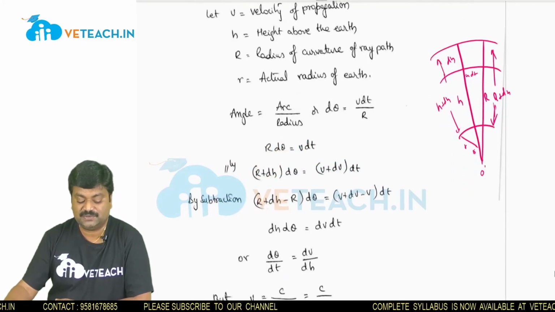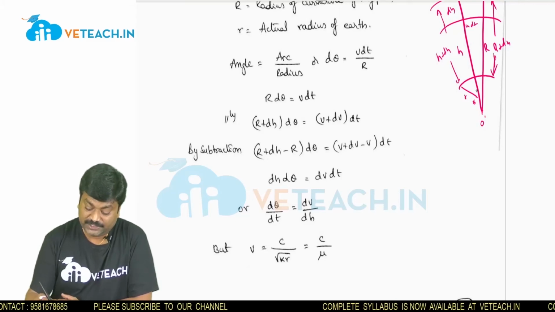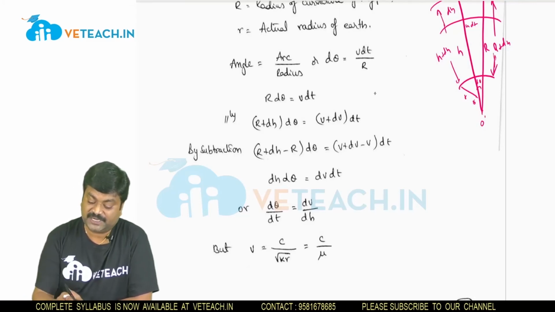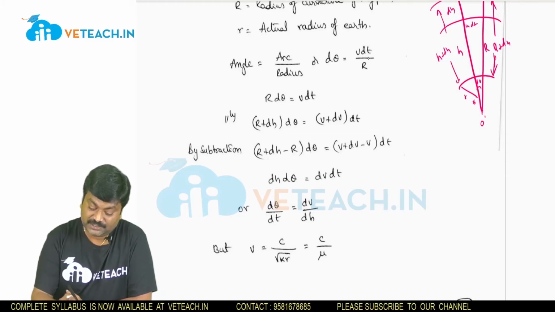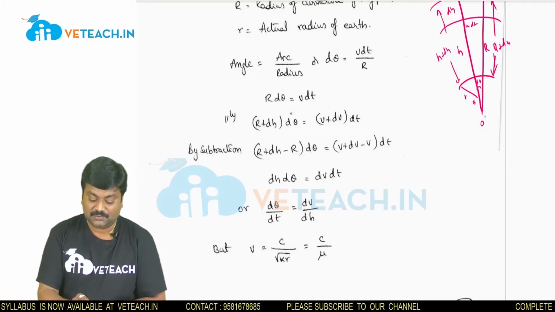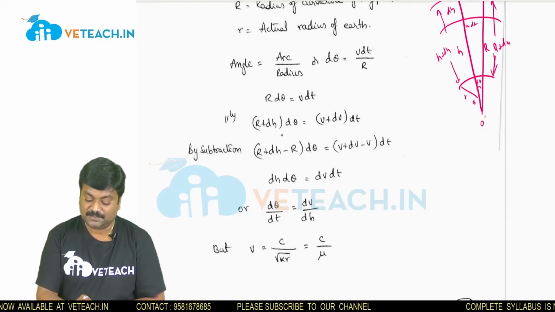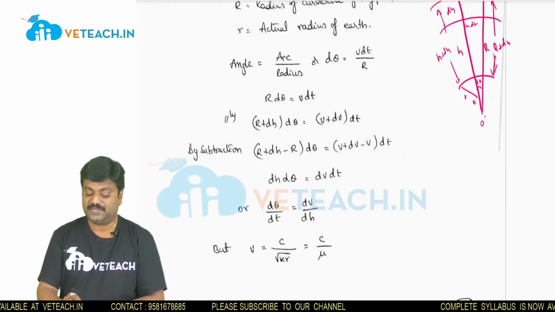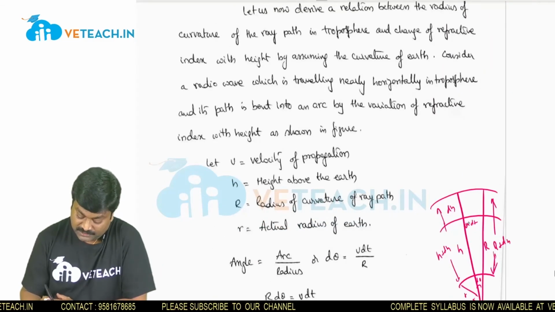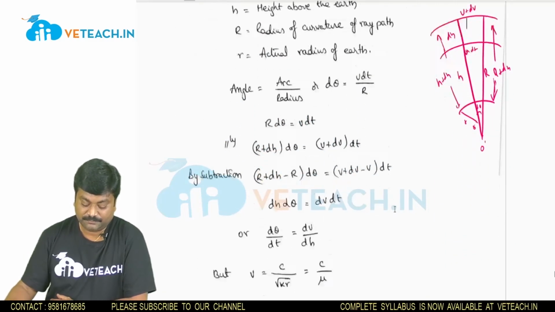Now angle is always given by arc by radius. So it will be d theta. This is the arc here, which is given by v dt by r. And similarly I will be having r plus dh into d theta, which equals v plus dv into dt. This is the deviation.